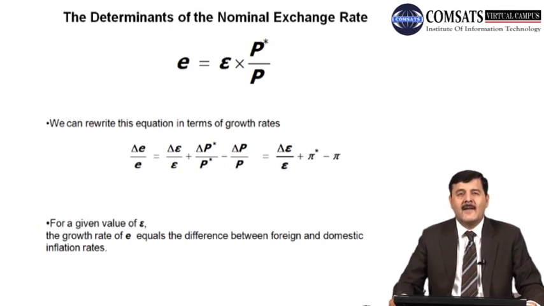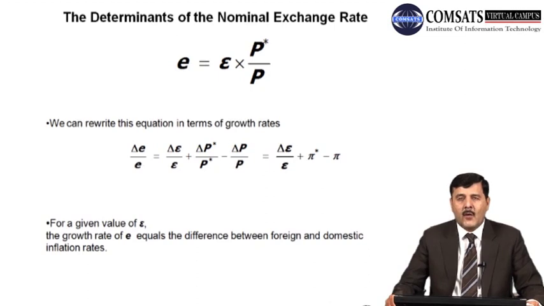So we can say that the nominal exchange rate is equal to E times P star over P. We can rewrite this equation in terms of growth if we take the growth rate of this equation. So delta E over E is equal to delta small e over e, which is the real exchange rate, plus delta P star over P minus delta P over P, which is equal to delta e over e plus inflation in the world market minus inflation in the domestic market.